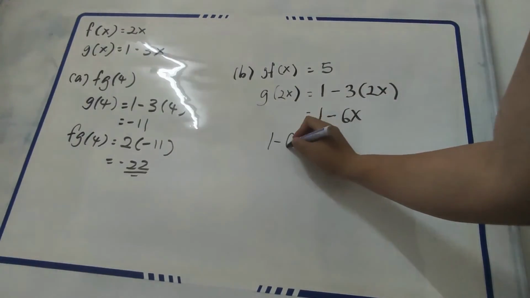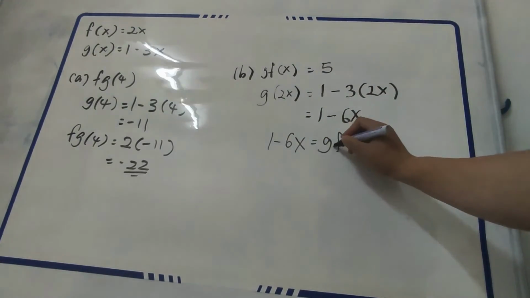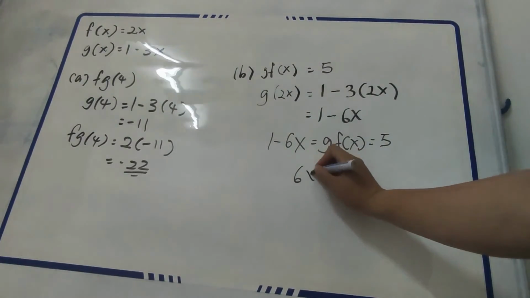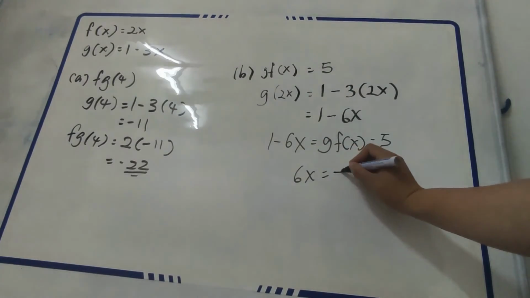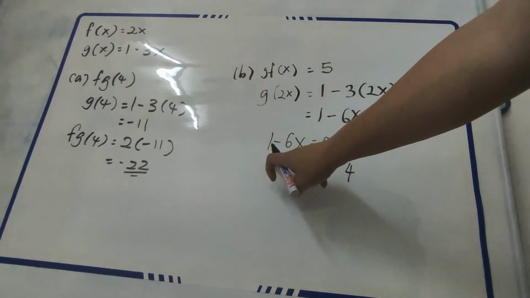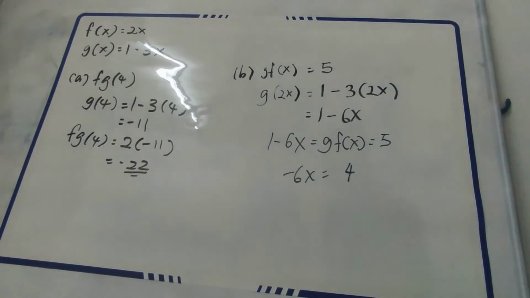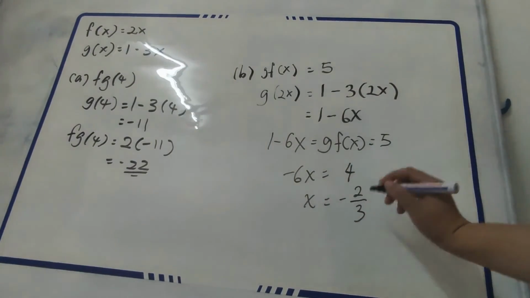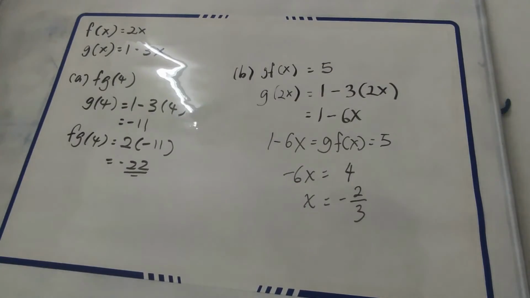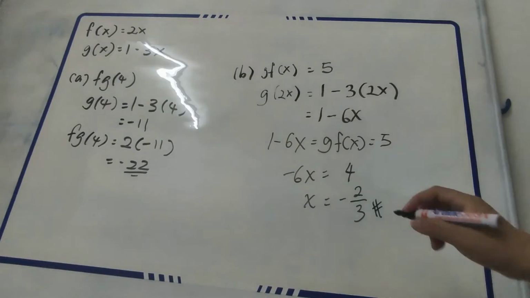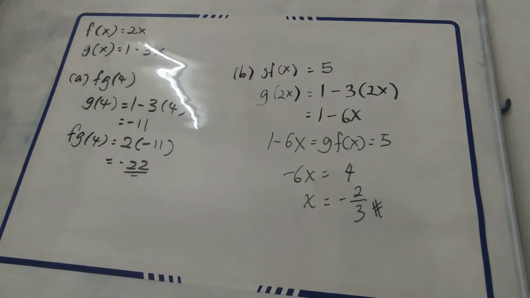So 1 minus 6x equals g(f(x)) equals 5. So 6x equals 5 minus 1. So your x is minus 2 over 3. So this is the answer for question number 8.